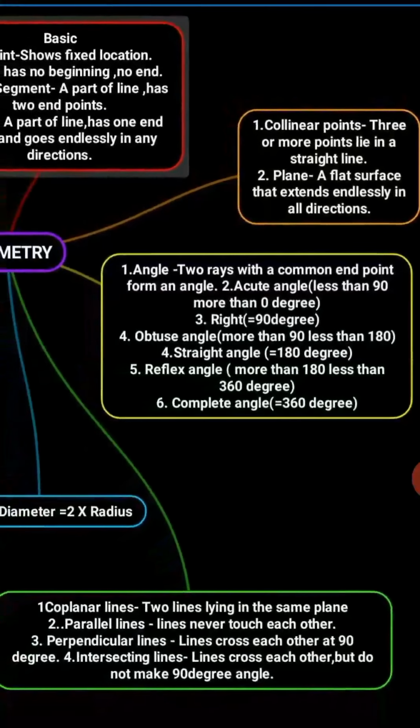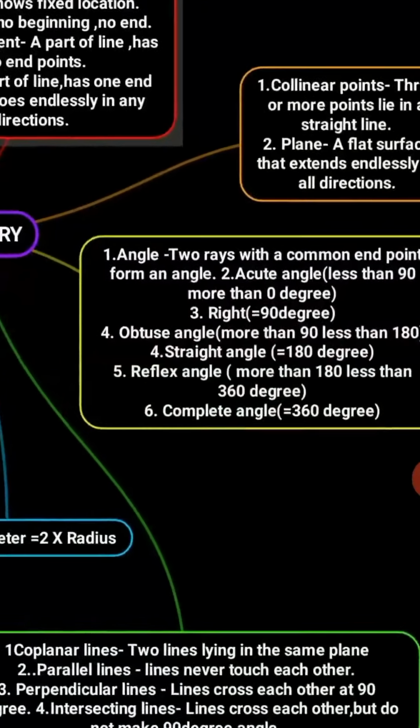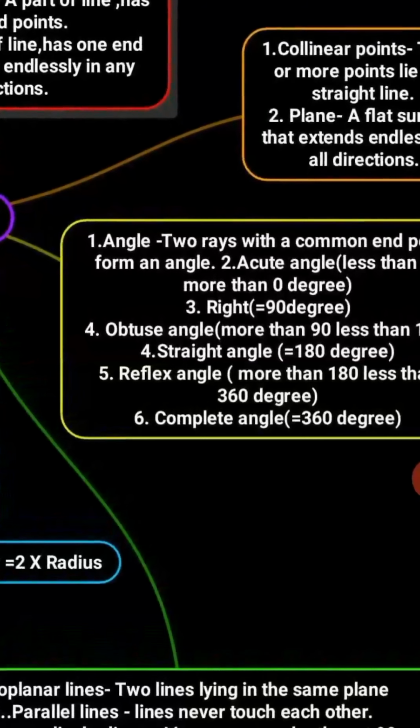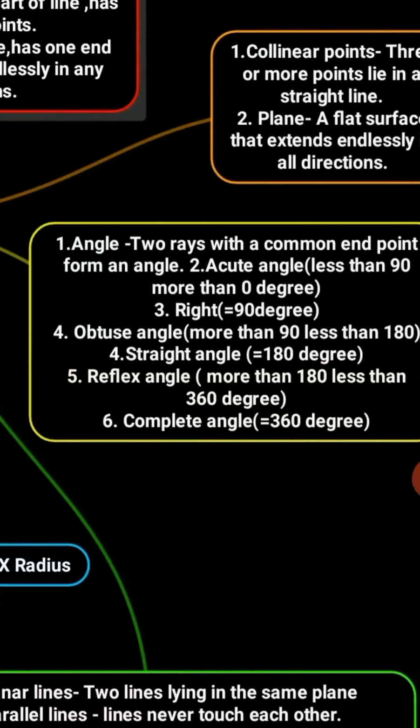Third topic was angle. What is angle? 2 rays with a common endpoint form an angle. And after that you have done types of angle. So first is acute angle. Angle more than 0 degree but less than 90 degree is called acute angle. Second is right angle, whose exact measure is equal to 90 degree.